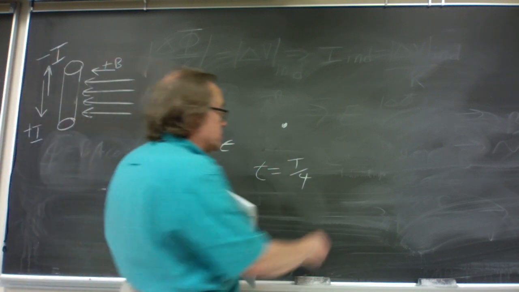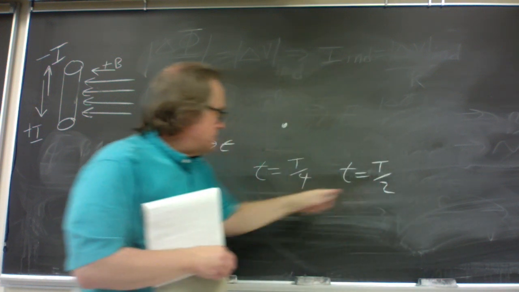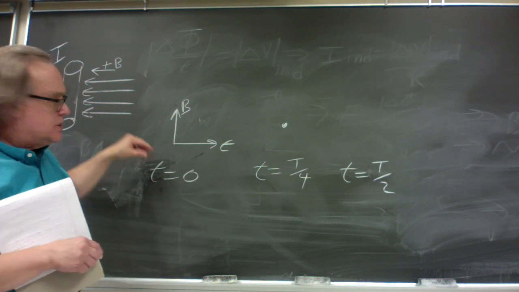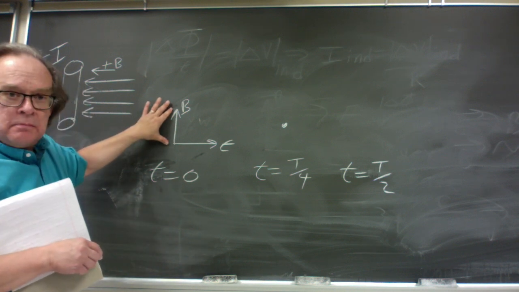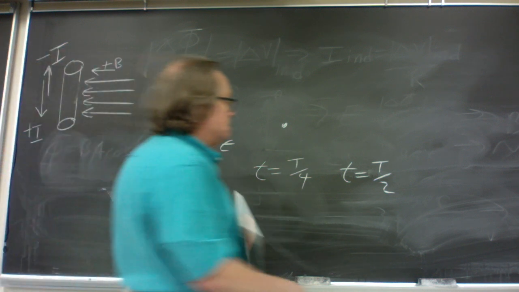And then another quarter cycle after that, or a half cycle after the start. Going through a half cycle, if you start at the maximum in one direction, half cycle later, you're at the maximum in the other direction.